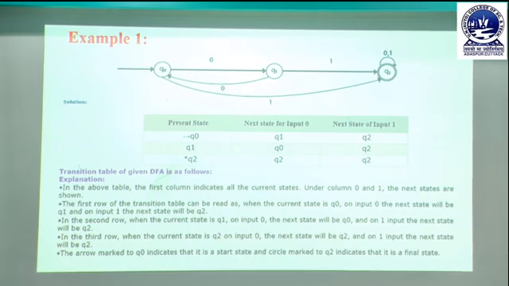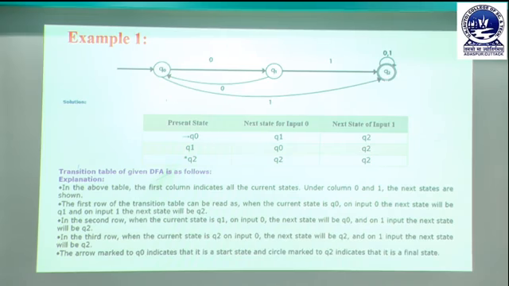Next, we have another state, q1. In the case of q1 analysis, if it takes 0, it is directed to q0, which is located in this table location. Whenever the user gives 1 to the q1 state, it goes to q2, which is already mentioned here.